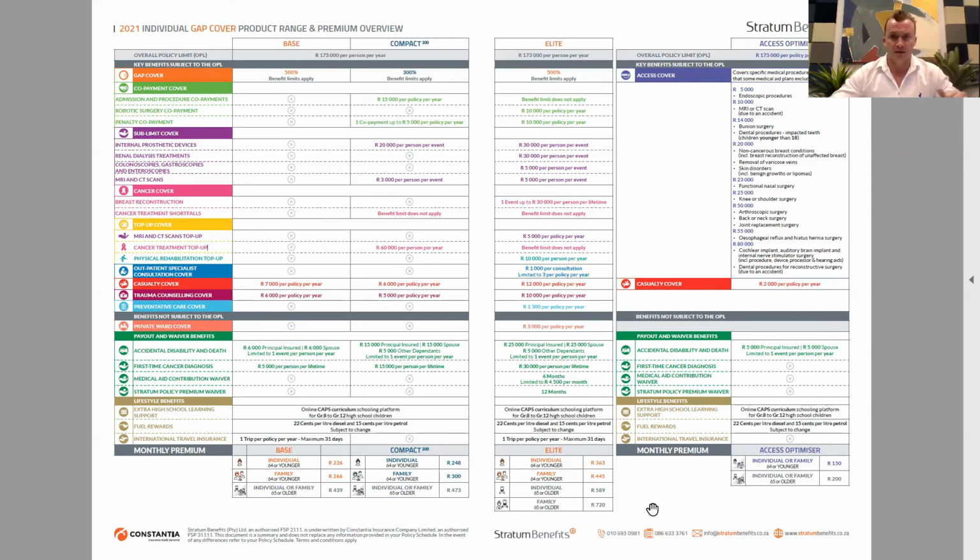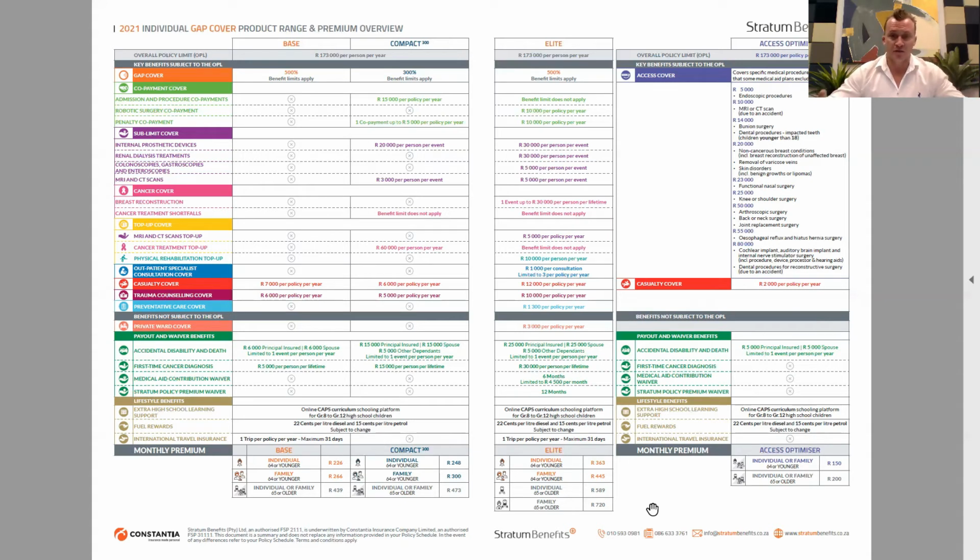My favorite, in the plan that I'm on, obviously, is the Elite. It's just got so many more benefits. It's got the medical aid contributions waiver. It's got the Stratum policy premium waiver. It's got the preventative care cover. It's got the outpatient specialist consultation cover. It's got rehabilitation top up.